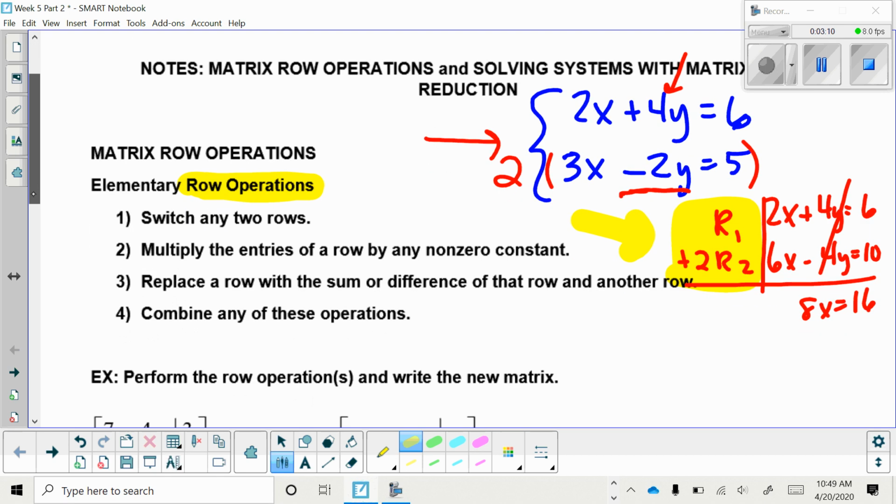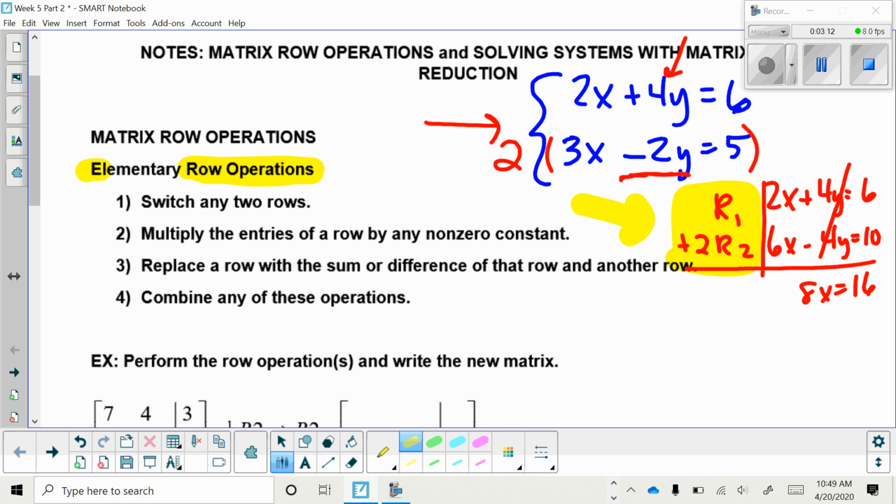Here are the basic, or elementary, in other words. It's all elementary. Watson, isn't that Sherlock Holmes or something? So basic row operations or elementary row operations are these. You can switch any 2 rows if you find that it makes your math easier.